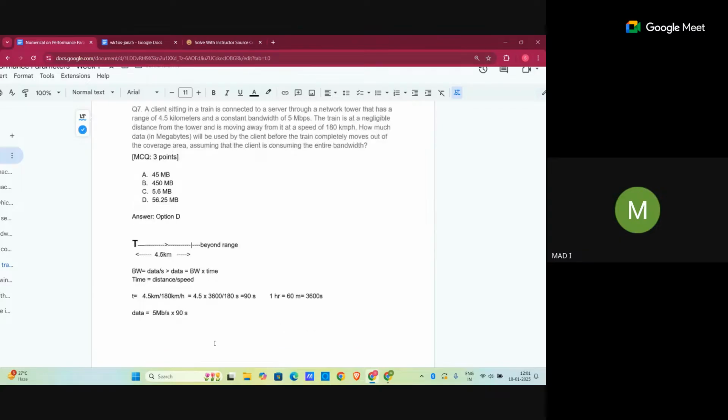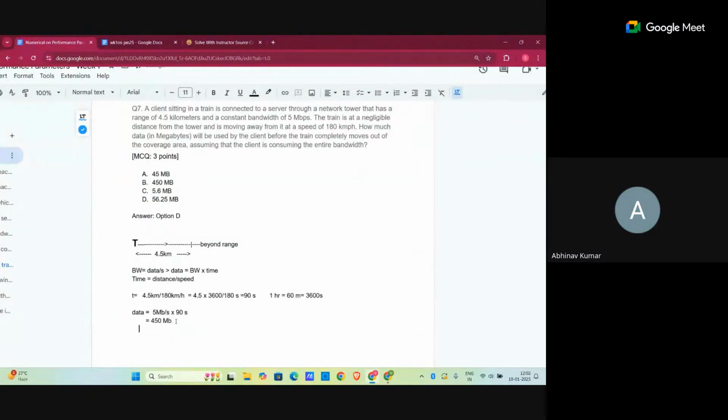So my answer will come in terms of megabits. So this will be equal to 5 nines are 45, 450 megabits. Note one thing, this is in megabits, but the answer is asked in megabytes. So how will we calculate in terms of megabytes? Anyone?